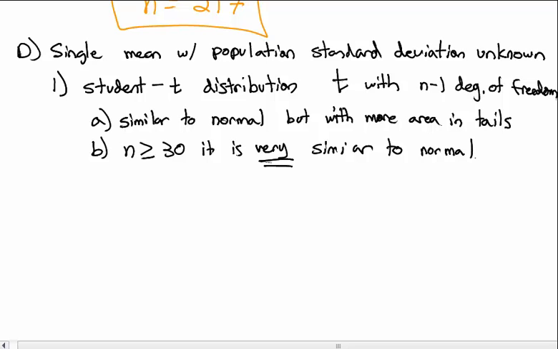So we'll still use the t-table in all cases when we don't know the standard deviation. Okay. With that said, the error is calculated much the same way. We're just going to use the t-table of alpha over 2 times s, the sample standard deviation, divided by the square root of n.